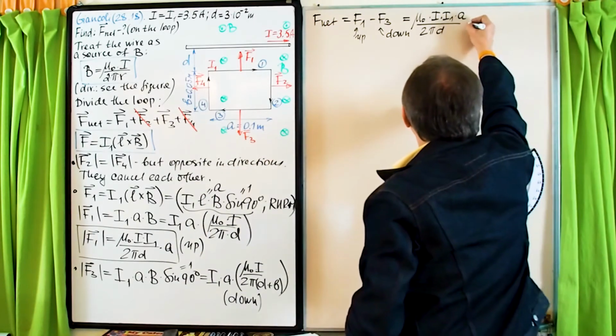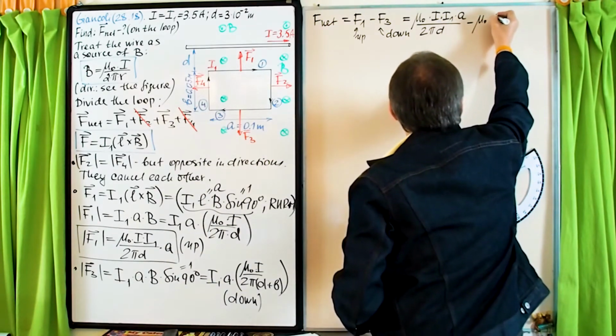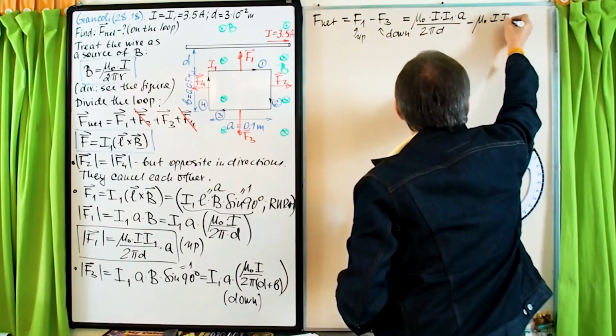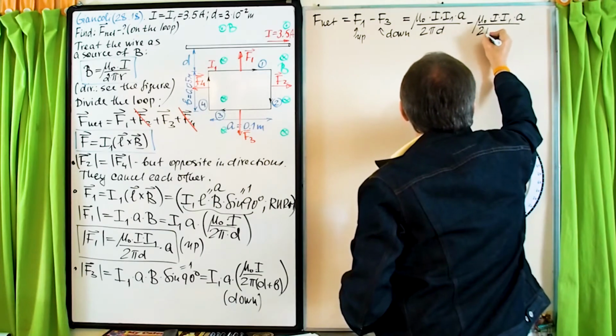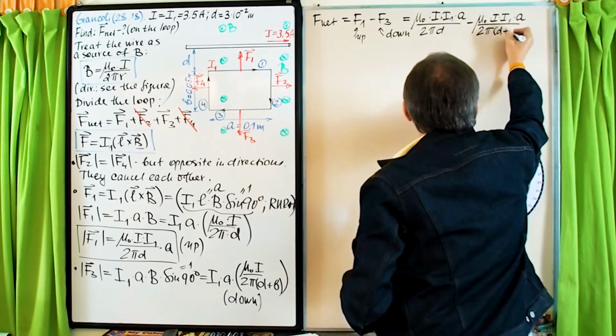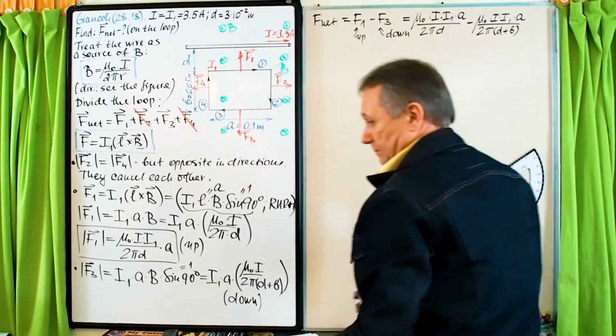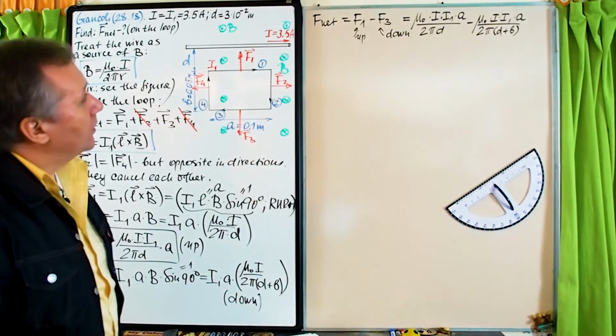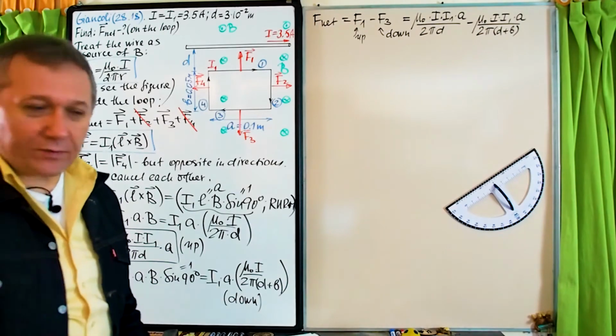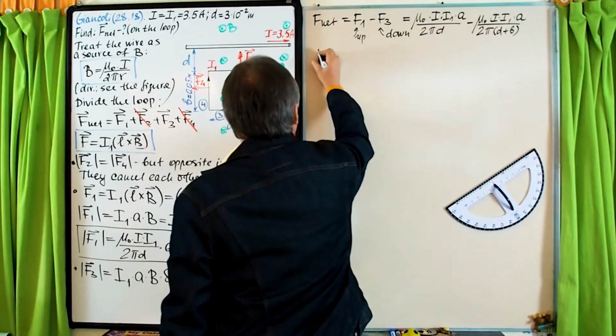Then minus F3, mu naught I1 again times A divided by 2 pi (D plus B). Okay, we can make it look a little bit nicer. We can factor out. Actually, plenty can be factored out. So let me do that.